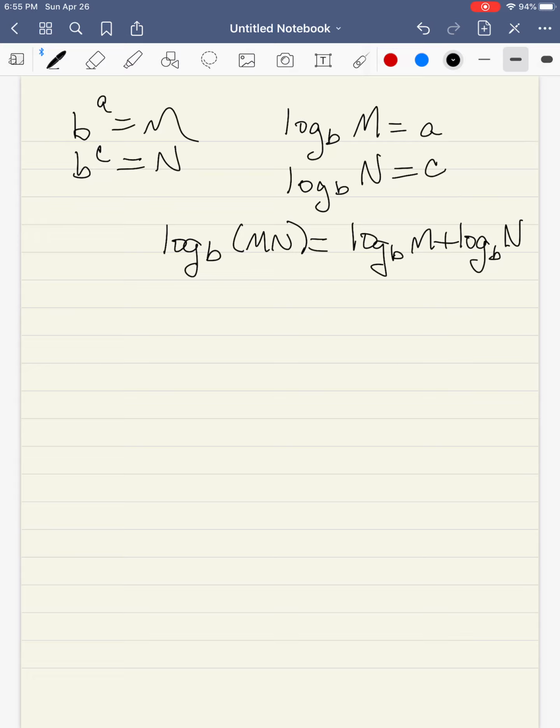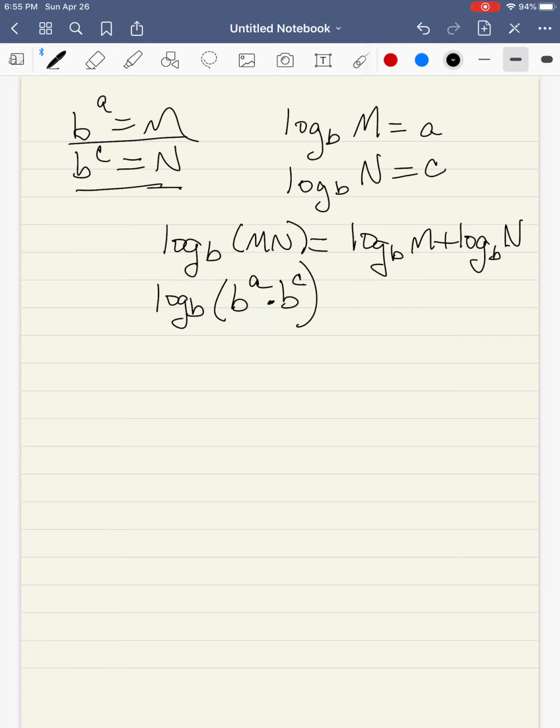So right here, we know that M is equal to B to the A, so we can substitute B to the A. And we know that N is B to the C, so we can substitute B to the C. Like I said, we're only changing one side.